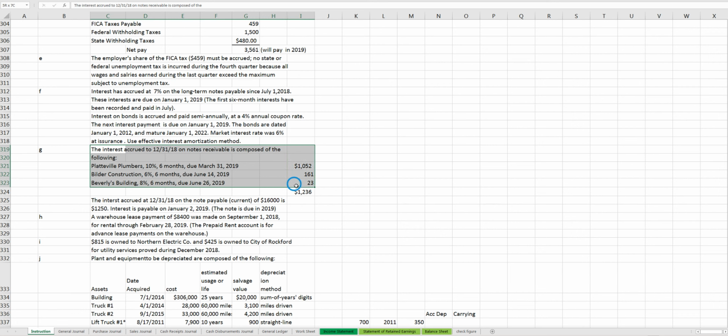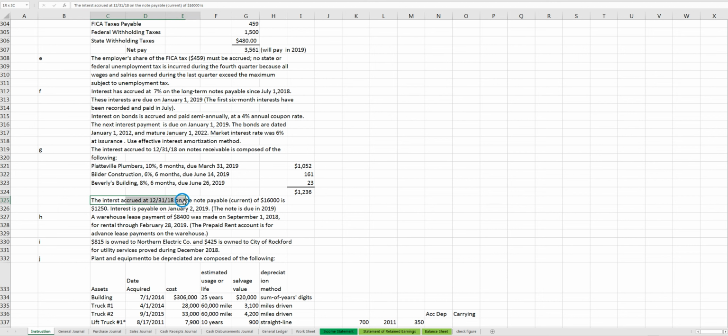Let me see. This is interest accrued, notes receivable. So it's not interest expense anymore, right? For notes receivable, if we receive interest, that's our revenue. So for the journal entry right here, we're going to debit interest receivable, then credit interest revenue, $1,236. That's about interest revenue.